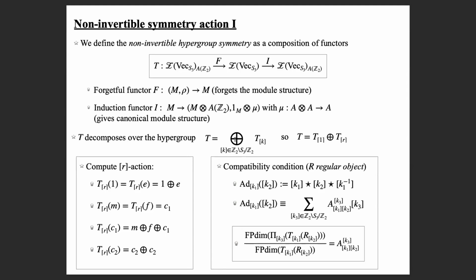And then this defines a new set of structural constants, which I call A for this adjoint action. And then in this case, the compatibility condition is that if you act with what is called the regular object in sector K2 with the symmetry K1 and you project on K3, the quantum dimension of this versus the total quantum dimension of the action gives you these adjoint structural constants.